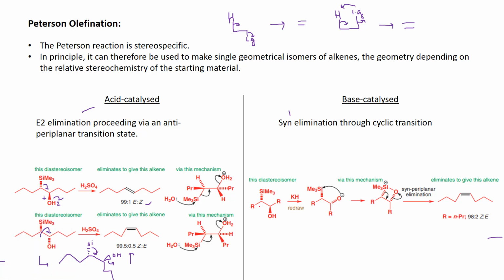This O- will form. So this OH will, and then O- will form, and now these two are in the same plane. So for a base catalyzed reaction, both have to be in the same plane.